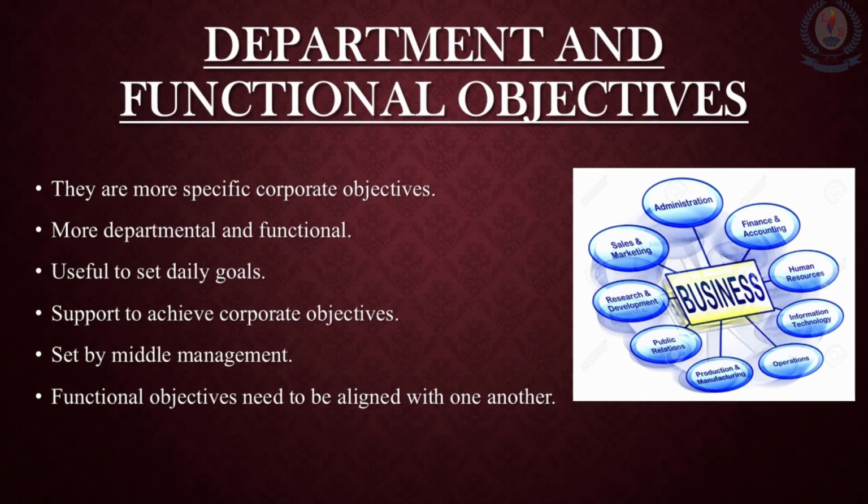So, the other most important thing is, when setting up functional objectives, those objectives need to be aligned with one another. What do you mean by that? Aligning with one another. For an example, think that the marketing department is going to do more promotional campaigns within the next 2 days.